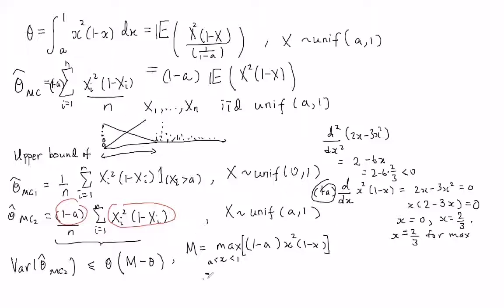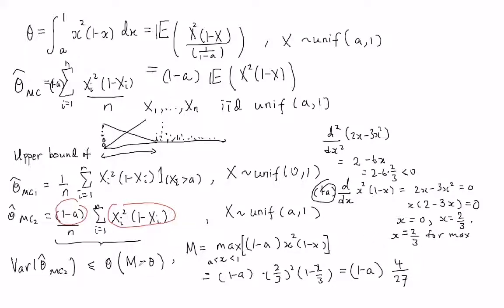So therefore, your m is equal to 1 minus a times 2 over 3 squared times 1 minus 2 over 3. And that's 1 minus a times 4 over 27, okay?